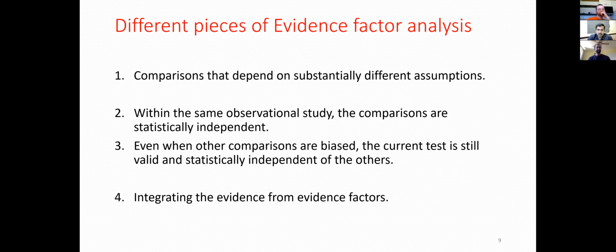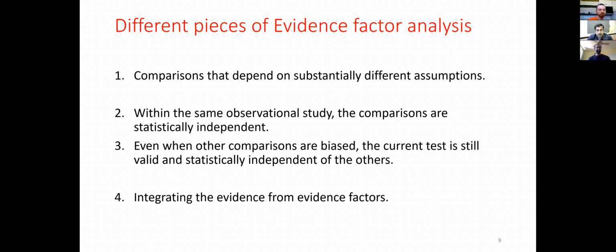Number 2, the comparisons should be statistically independent. Number 3, even when other comparisons are biased, the current test is still valid. Number 4, we want to integrate the evidence from the evidence factors.